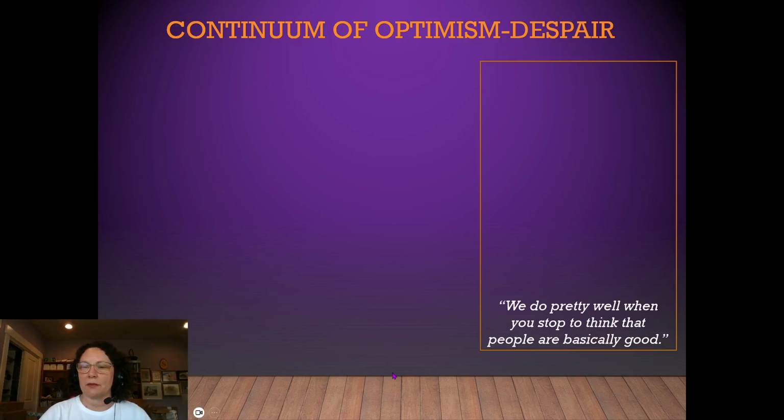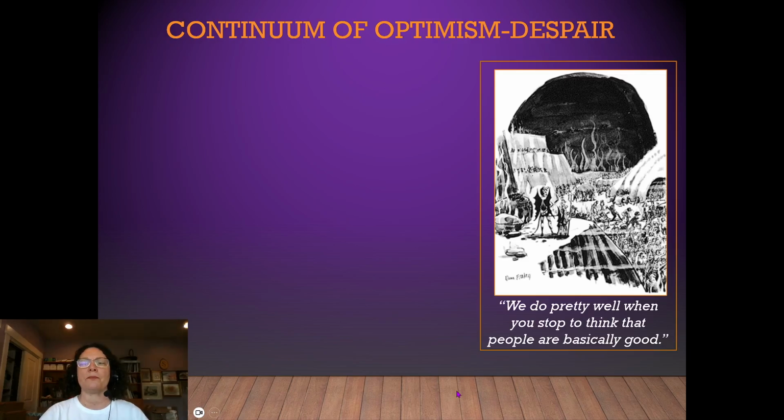Sorry about this bad animation there. There we go. So when we talk about optimism, the polar opposite of it would be despair, where you just give up, like there's no hope when you're in despair. Here we have a cartoon where the caption says, "We do pretty well when you stop to think that people are basically good."